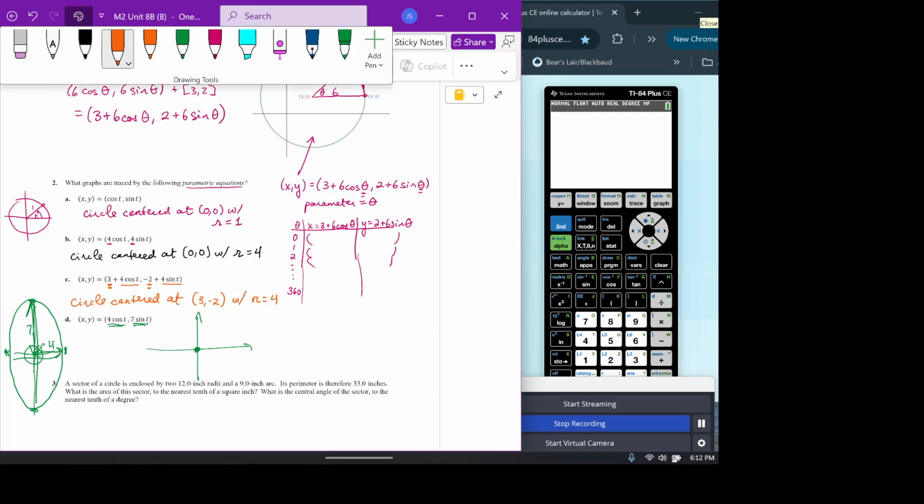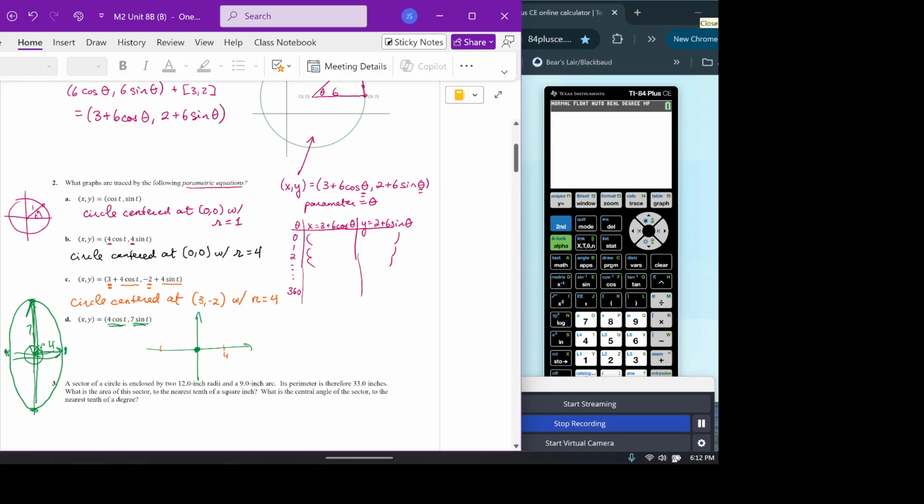It comes out to 4 and negative 4 and up to 7 and down to negative 7. And let me bring these in a little bit. Negative 4 to 4. And it looks like that. So it's an ellipse. Okay, hope that makes sense.